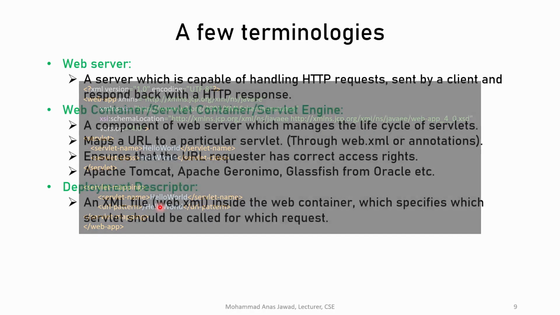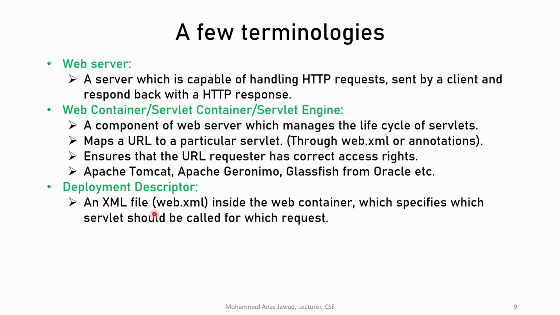Okay. Now, instead of using the web.xml file, there is another method that we can use to map incoming client requests to appropriate servlets. In Servlet version 3.0 and above, we have a feature called annotations. So instead of using our web.xml file for mapping requests to servlets, we can use annotations to do the same task.